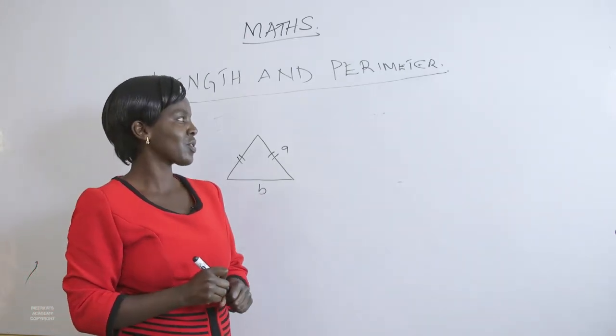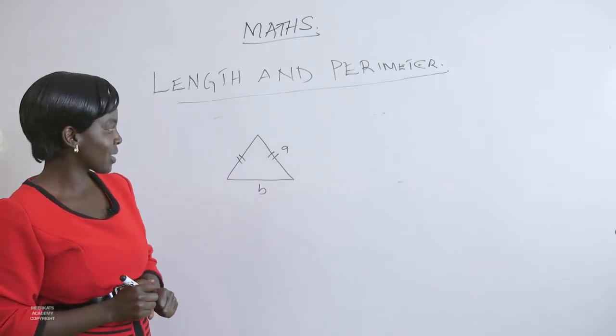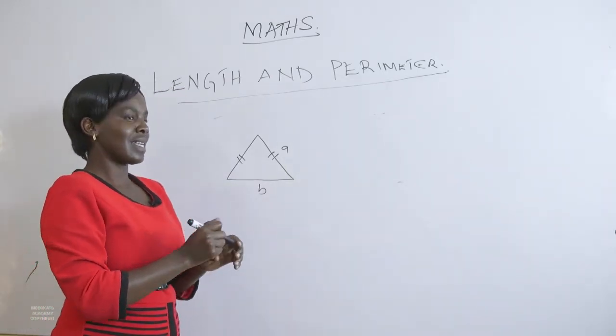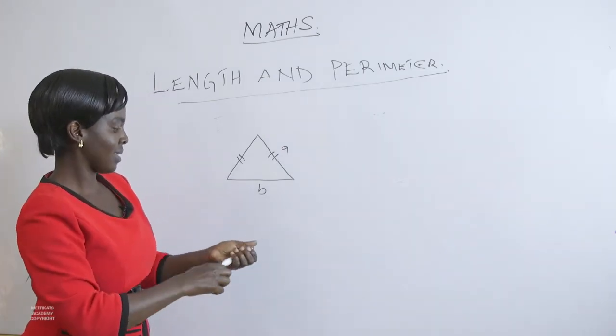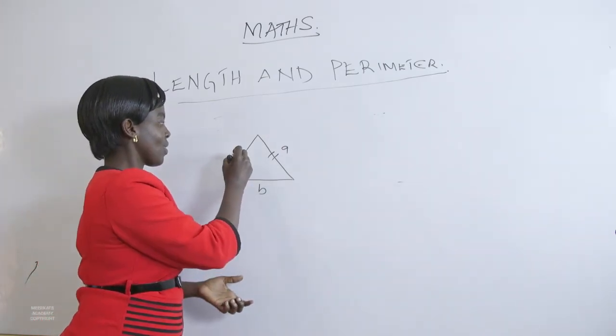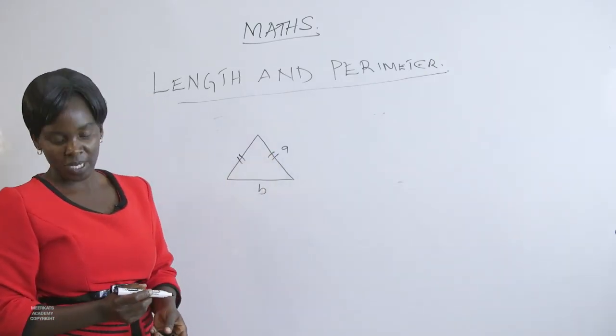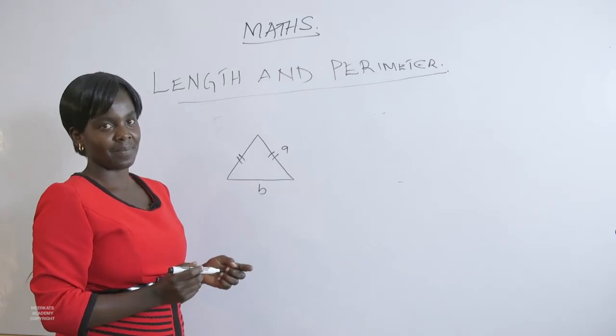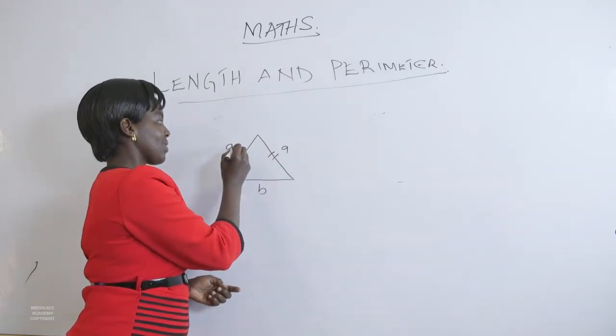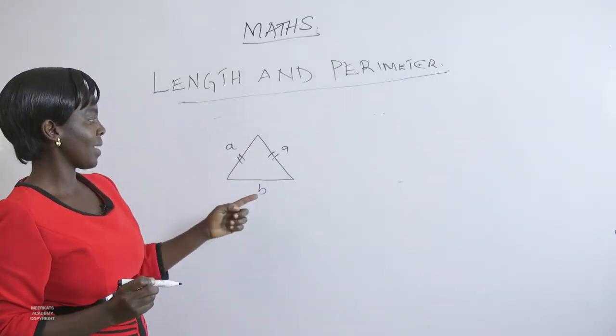This time around we are not going to use the numbers, we want to use the letters. So this is letter A, this is letter B, and this is also equal to this other end. So we are told to find the perimeter using letters. So this one refers to A, this is also equal to A, and that is B.